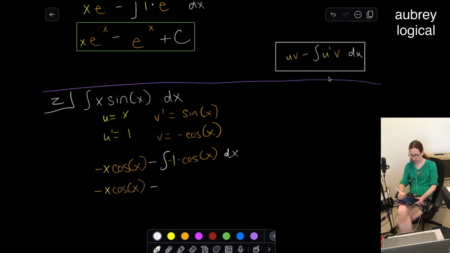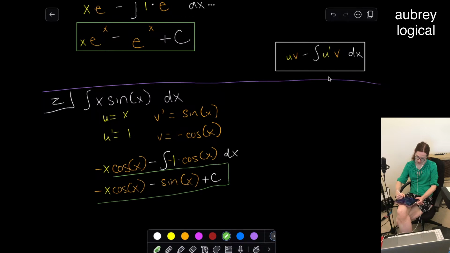Okay, so now we integrate negative cosine of x, and we're going to get positive, no, actually, just kidding. Since we're doing the antiderivative, we're going to stay negative, and we're just going to become sine of x. And since we have taken care of our integration in that particular instance, our answer is as follows.